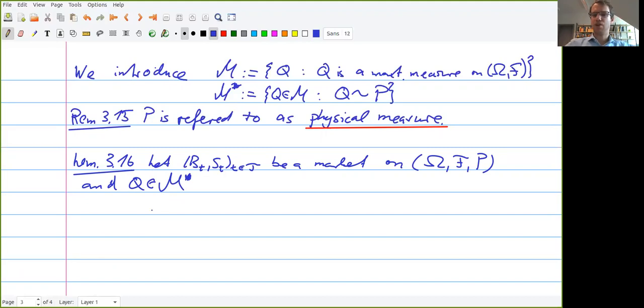So we take a measure from this set M star, the equivalent martingale measures.